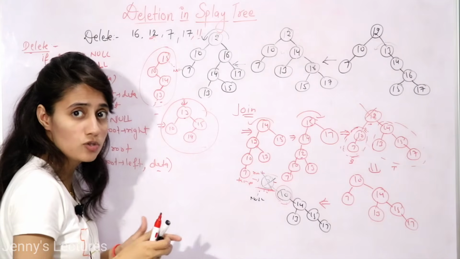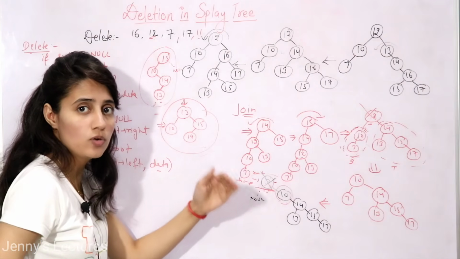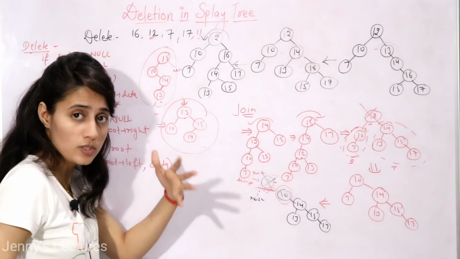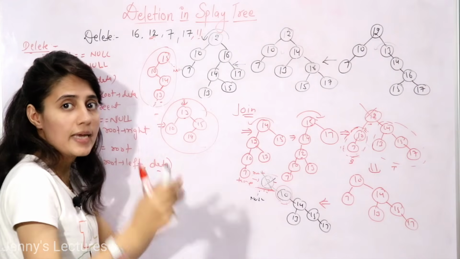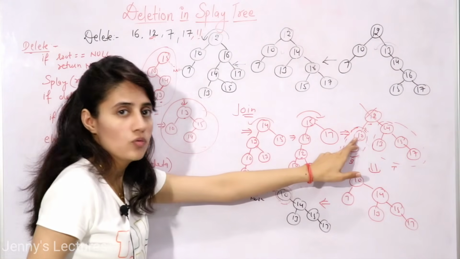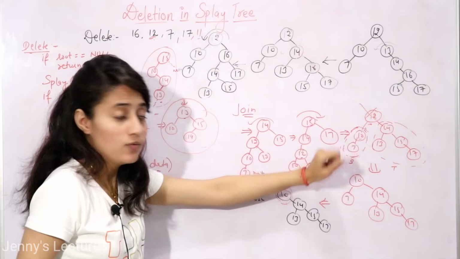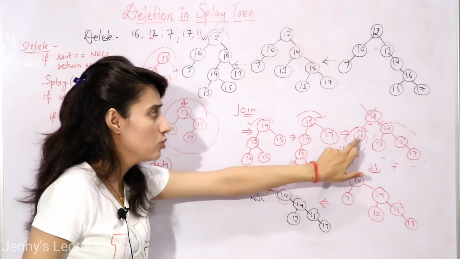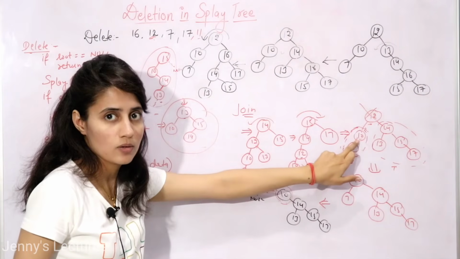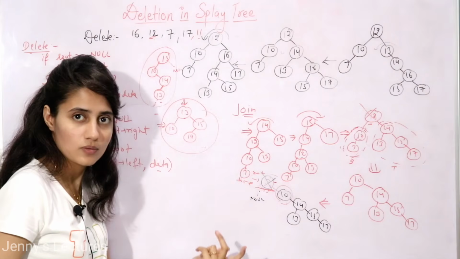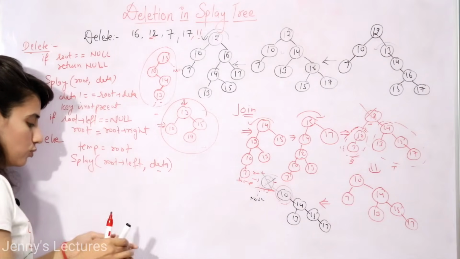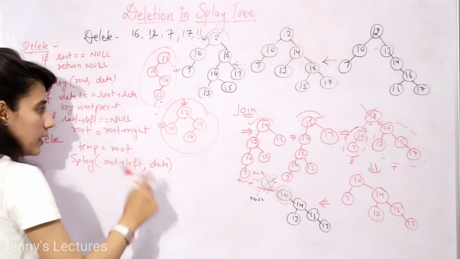It means 12 is not present, so we will do what? Splaying on the element which lastly exists, meaning lastly not null. So that is 10, so we will splay for this 10. And if you find the maximum from this tree, the maximum is also 10, so you need to do splaying for this 10. Both are the same, right? So you can write down this thing also: we can splay that left subtree on the data.